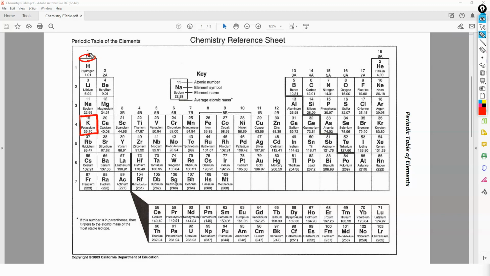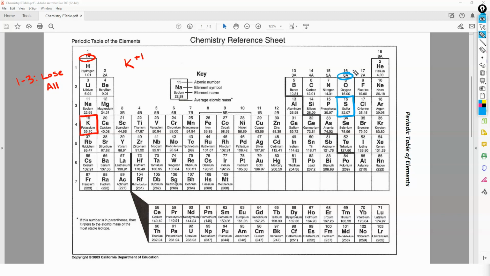Potassium is in group 1A. And remember, anything with 1 to 3 valence electrons is going to lose all of them. So since it has 1 valence electron, it's going to lose that 1 valence electron. So potassium will have a charge of +1. It's got 1 more proton than electron. Okay, sulfur is right here.